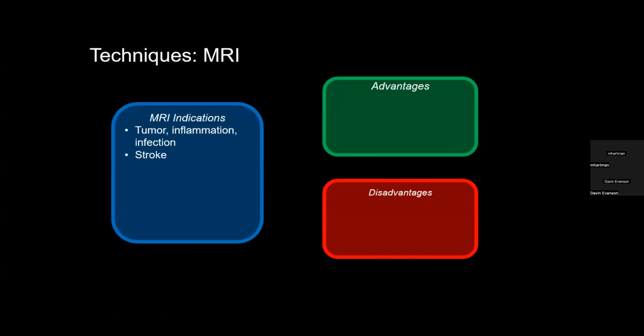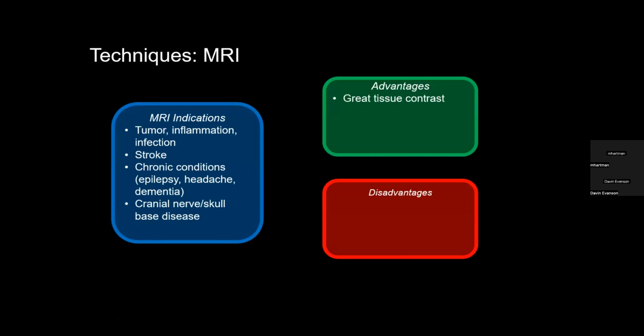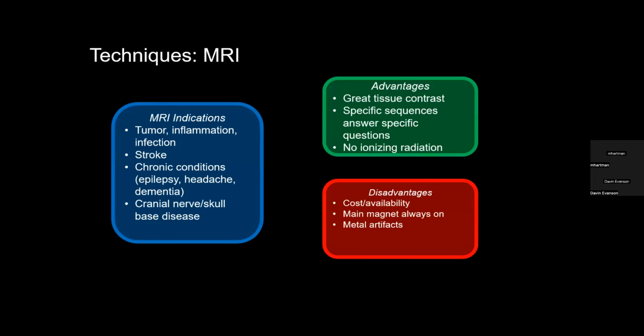So MRI is fantastic. Lots of conditions, lots of great anatomic detail. The disadvantages: more expensive, takes longer. Patients who have contraindications, such as claustrophobia, might not tolerate the MRI very well. And then, of course, I want everyone to do the MR safety module.